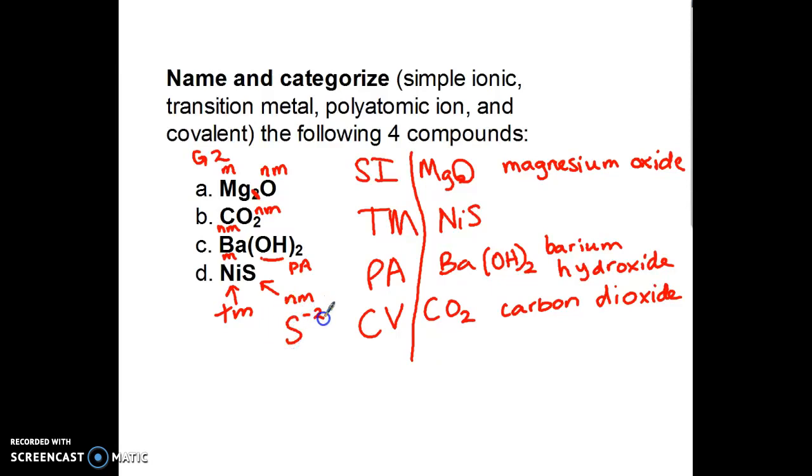It has a -2 charge. The only way this compound can be neutral, since we have one S and one nickel, is if nickel has a +2 charge, because that +2 and -2 balance each other out to add up to 0. So our name must be nickel, and the thing that we need to remember is our Roman numeral, nickel(II) sulfide. Didn't think I was going to have room for that.